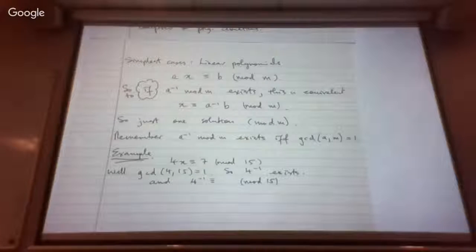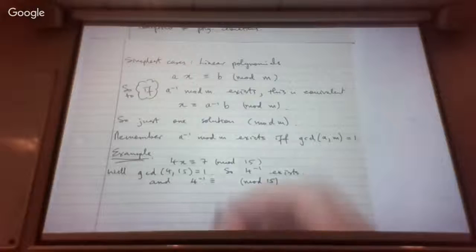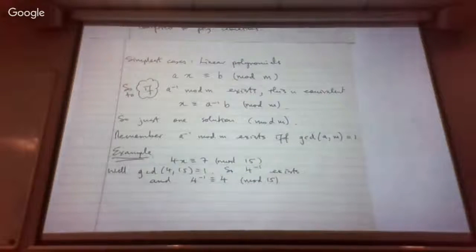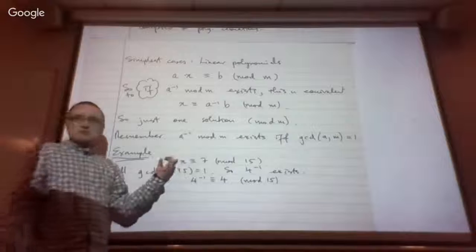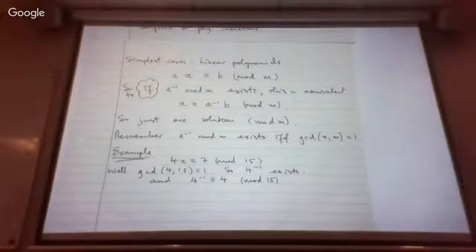You're looking for something that, when you multiply it by 4, gives something congruent to 1 modulo 15. Good. 4 times 4 is 16, which is congruent to 1 modulo 15. So it is self-inverse. If we multiply both sides by 4, we're allowed to do that, and it's an invertible step.